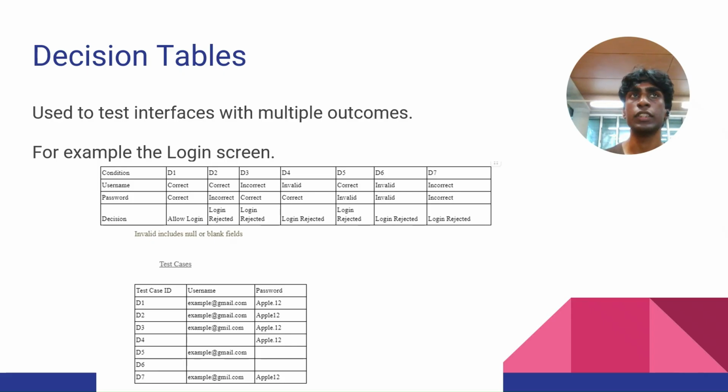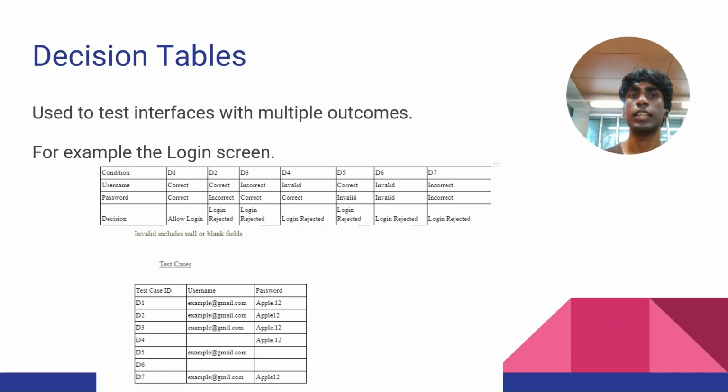And then the username field itself could be correct, blank, or incorrect. So in this case, we have two variables, username and password. You have 2 to the power of 2 possible combinations, where you have a correct password and a correct username, an invalid password and a correct username, or an invalid username and a correct password.